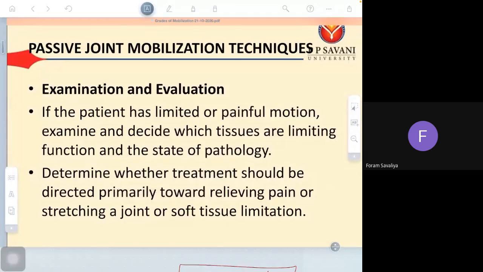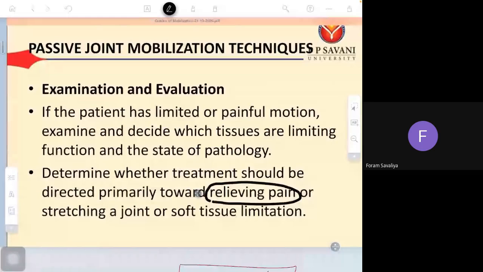If you take any patient, the limited range of motion may be due to two reasons. One is the patient may have pain, or the patient may have a tight capsule, or the accessory movements are restricted. Accessory movements are limited.